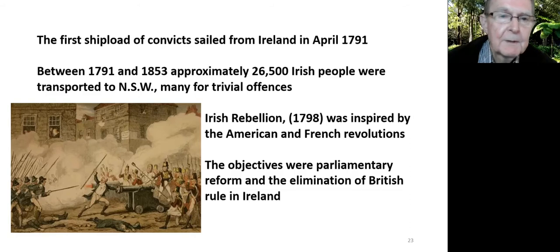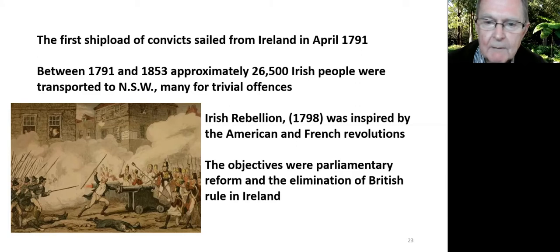So we move on to the first shipload of convicts which sailed from Ireland. They were in April 1791, and between then and 1853, approximately 26,500 Irish people were transported to New South Wales, many of them for trivial offences.